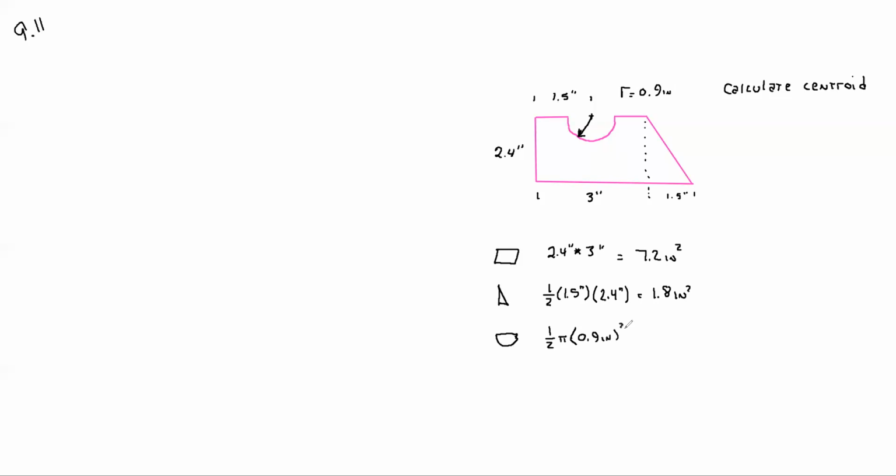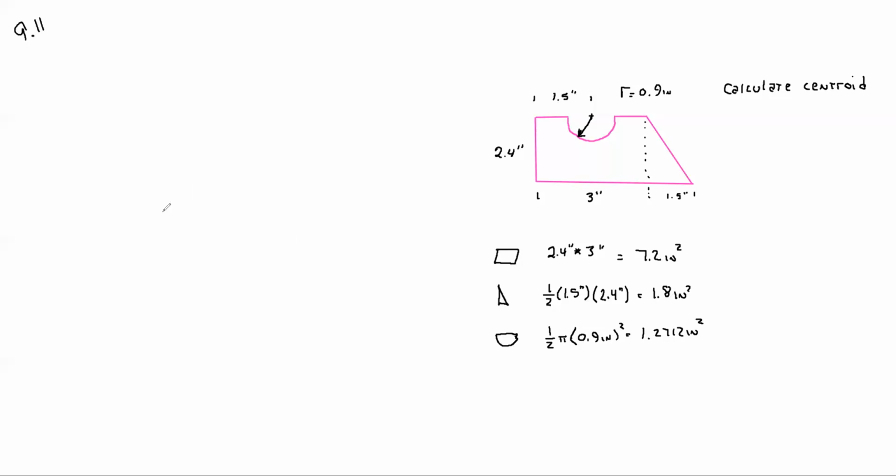The 1/2 comes from the fact that it's a semicircle. Pi r squared is the area of a circle, and a semicircle is half of that. If you do the multiplication, I use 3.14 for pi, I get 1.2717 square inches.